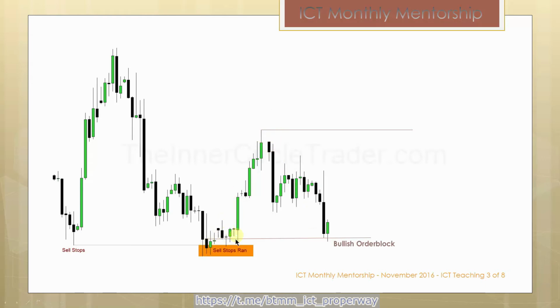Okay, so we had a consolidation, accumulation, price explodes, and it reverses up here. And it comes back down to the area at which it was bought up again. If we see a willingness to go up, we have to take our position off at logical areas. So we want to see the willingness of the market to run back up into these highs here, run those buy stops above this short-term high, and then ultimately we want to see this high retraded to as well.